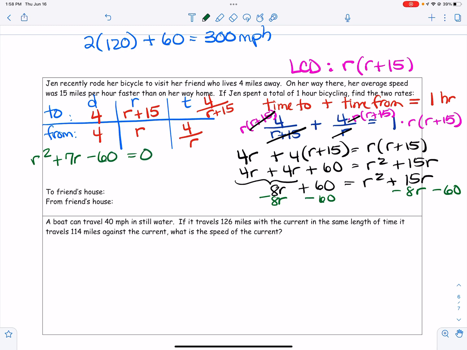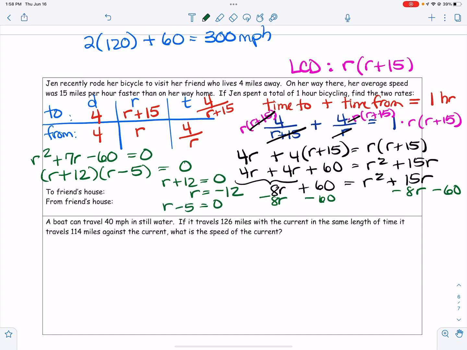And it's a quadratic equation, so I have to factor it. So I'm looking for factors of negative 60 that make positive 7. So that would be positive 12 and negative 5. Then I set those factors equal to 0. So R is negative 12 or R is 5.